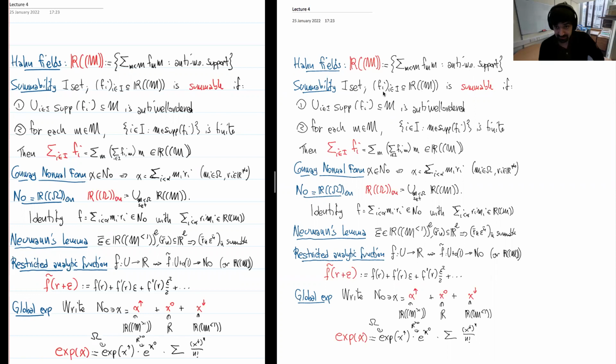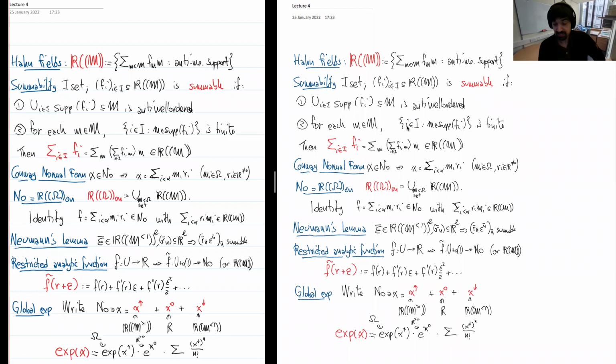The technical thing that we have to keep in mind is this notion of summability. Whenever you take a family of series in a Hahn field indexed by some set, you say that it is summable when the union of the supports is also anti-well ordered, and each monomial appears in at most finitely many of the series. Which means that the set of indices i such that the monomial appears in the support of F_i is a finite set.